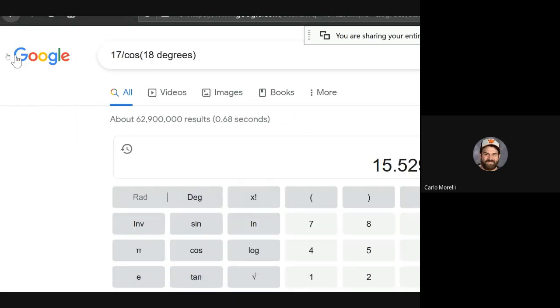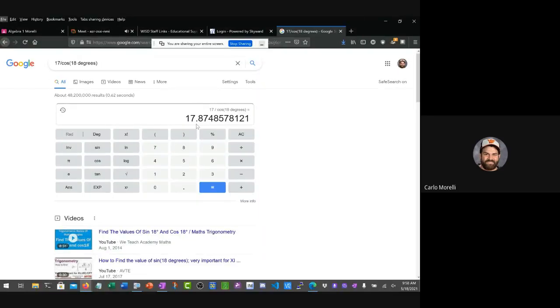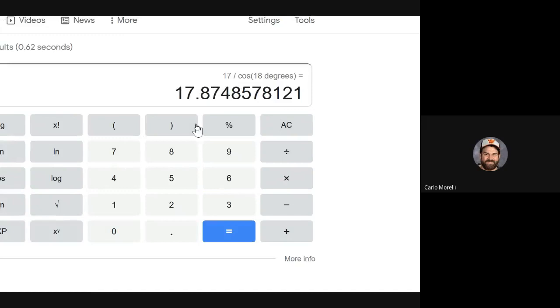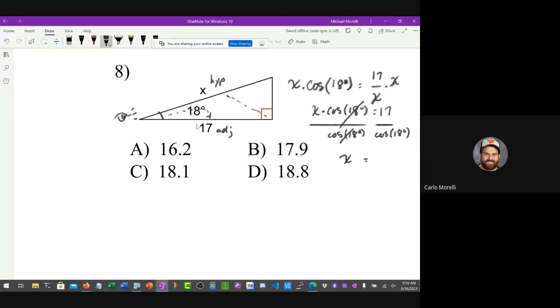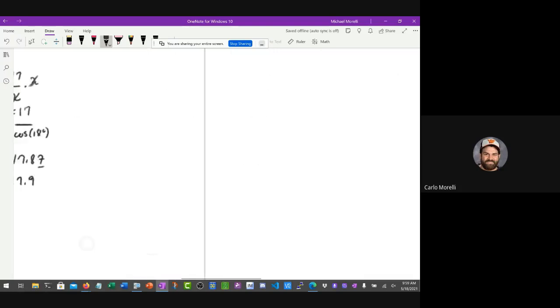So we just type that into Google like that, and I'm getting 17.87, which will round up to 17.9. Okay, B.